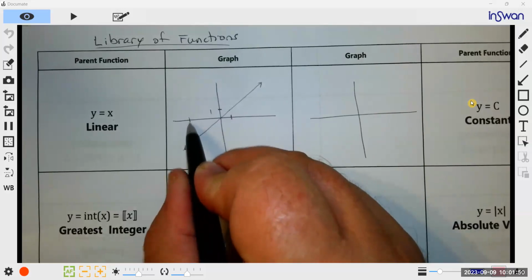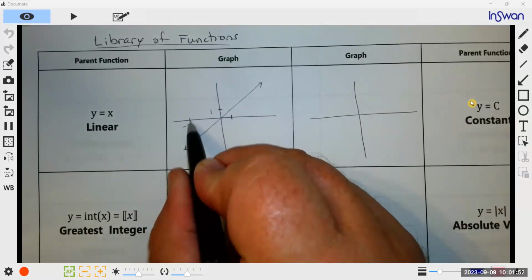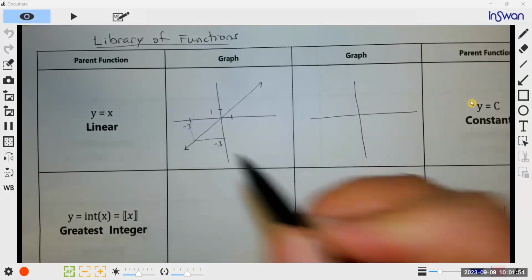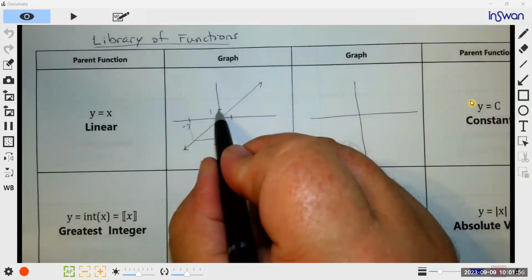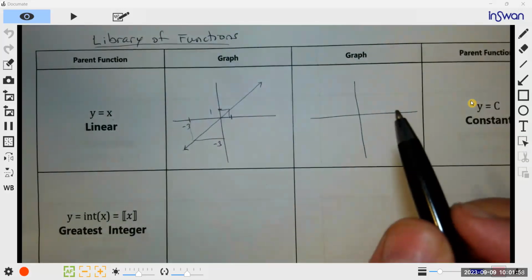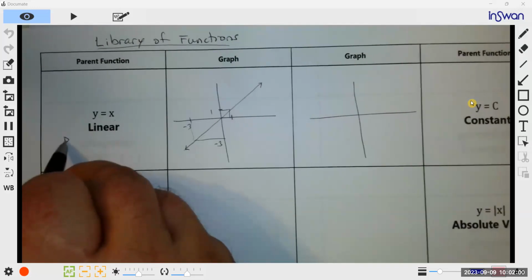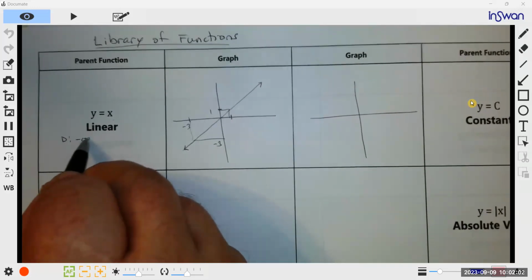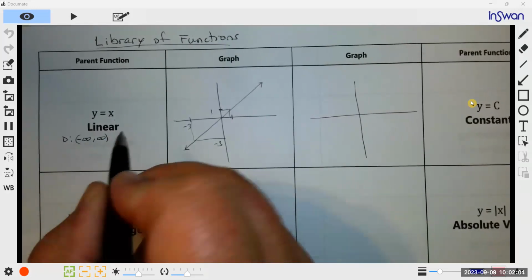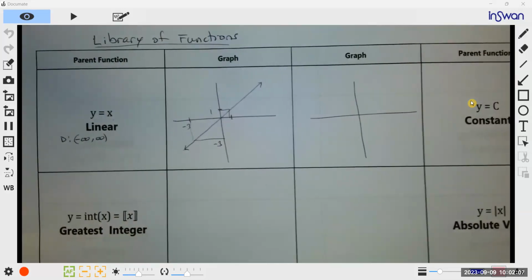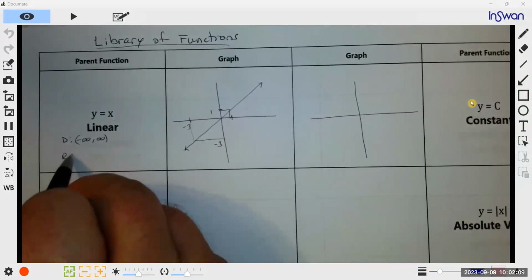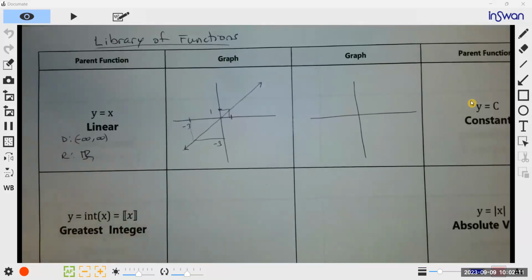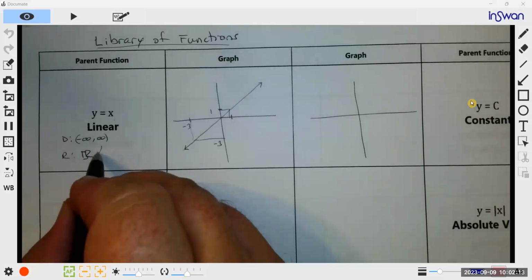When x is -3, y is -3. So the domain for this one is from -infinity to +infinity. Likewise, the range is the same thing. It's all real numbers. Remember, these are the same thing.